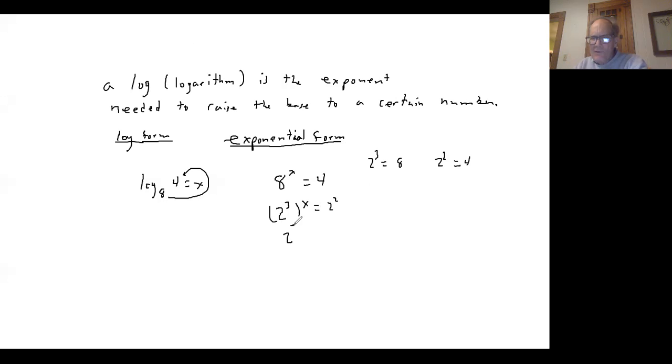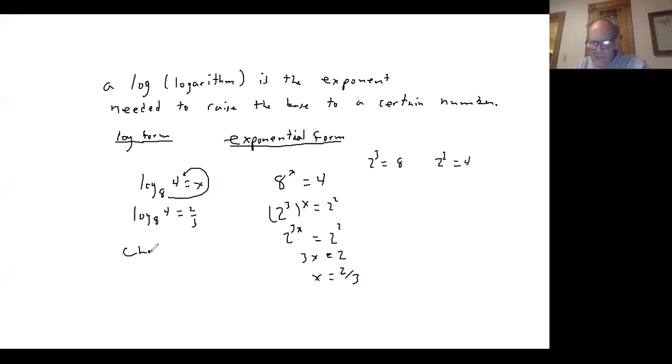So this is 2 to the 3x equals 2 squared, and since 2 equals 2, then 3x must equal 2. Divide by 3, x equals 2/3.